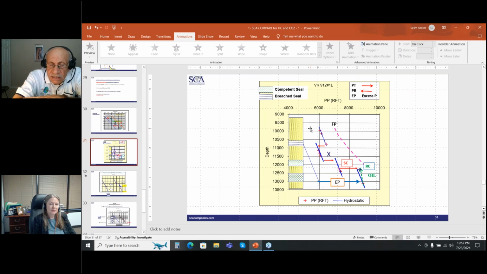And the problem is with carbon dioxide, you don't know how far the column is, because under certain conditions the density of the carbon dioxide changes. That's what I mentioned, go from vapor to gas to solid. You can buy it from the grocery store as solid.